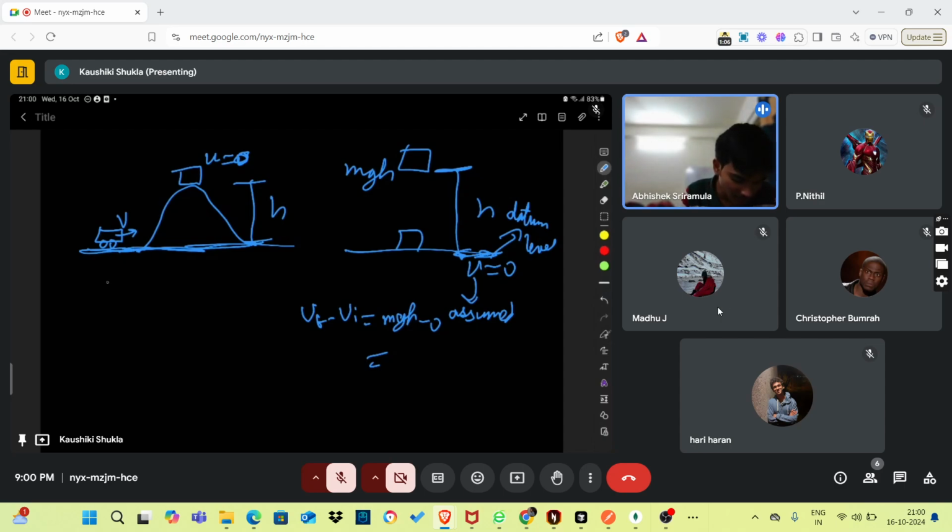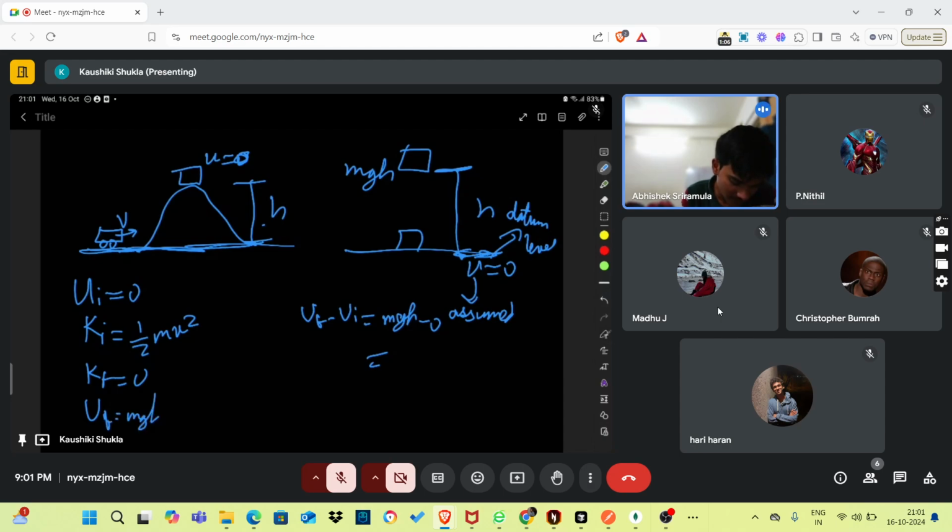So basically here also, the initial potential energy is zero, but it does have a kinetic energy initially, that is half mv square. And at a height h, the kinetic energy becomes zero, but the potential energy has increased, that is mgh.